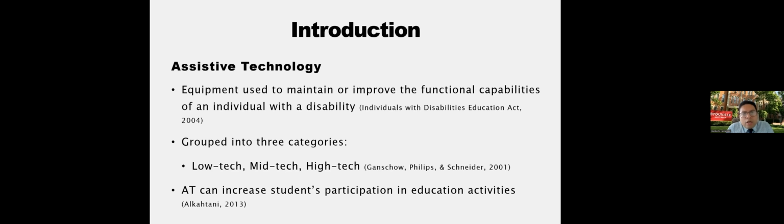And here I wanted to share a list of the most commonly used assistive technology tools at our institution. For example, we have JAWS, or Job Access with Speech. We also have NVDA, also known as Non-Visual Desktop Access.